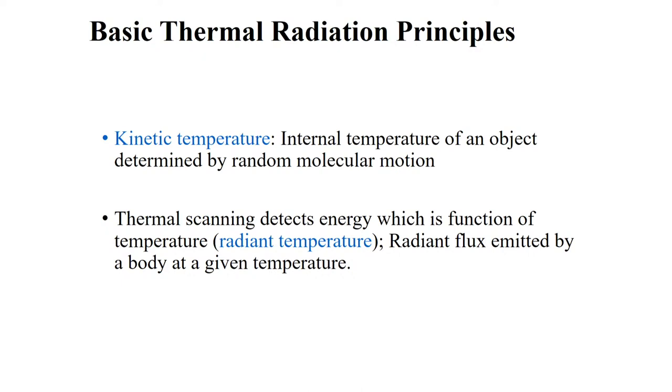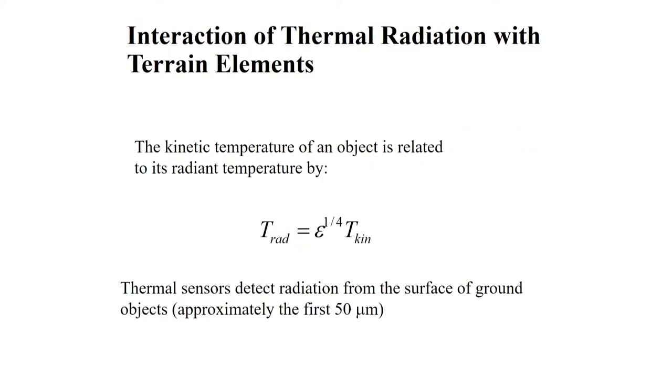When we compare the kinetic temperature and the radiant temperature, they will not be equal, and we can calculate the radiant temperature when the kinetic temperature is known, or when the radiant temperature is known, then the kinetic temperature can also be calculated. So the radiant temperature is proportional to the kinetic temperature, but weighted by the emissivity.